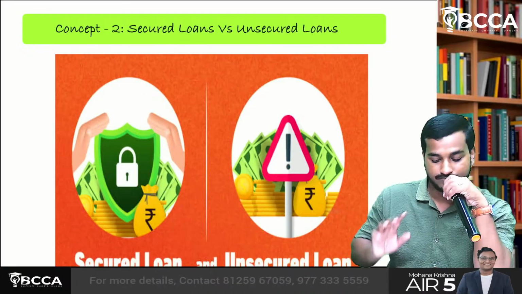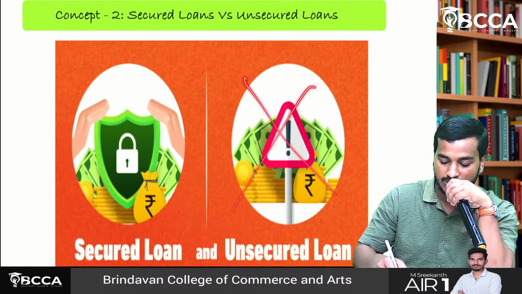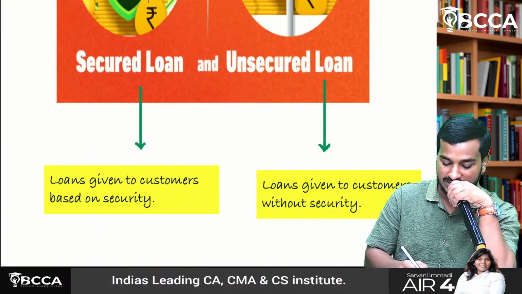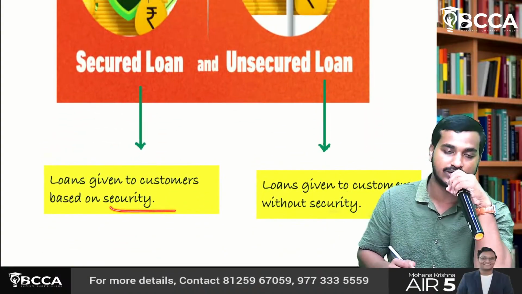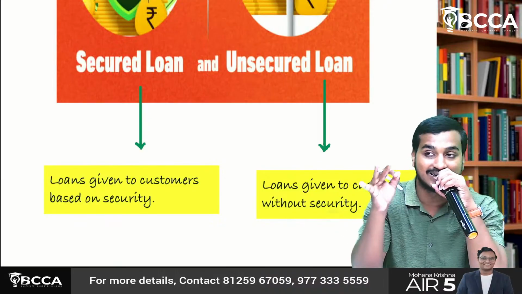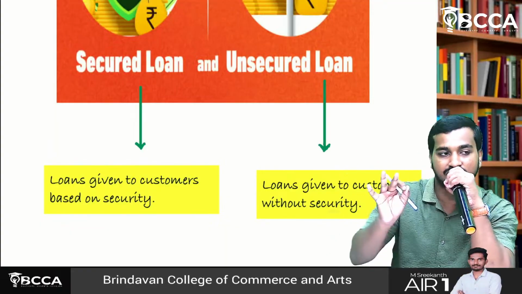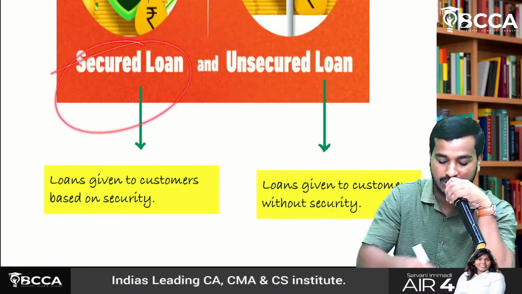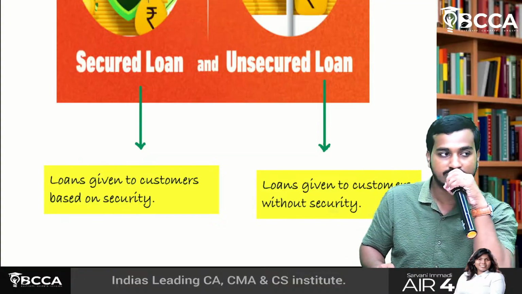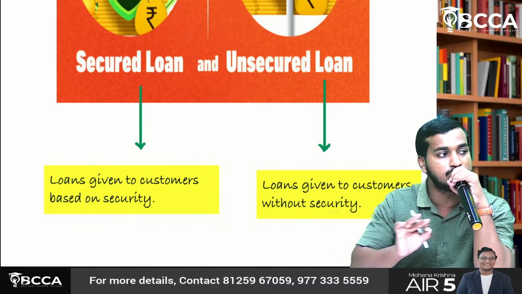Correct, no? But generally people think unsecured loans means loans without any security. That is correct only for definition's sake. Secured loans means loans given to a customer based on security. Unsecured loans means without security. But 99.9999% of banks will give only secured loans. They will not give unsecured loans because that is high risk. So nobody will give you unsecured loans.